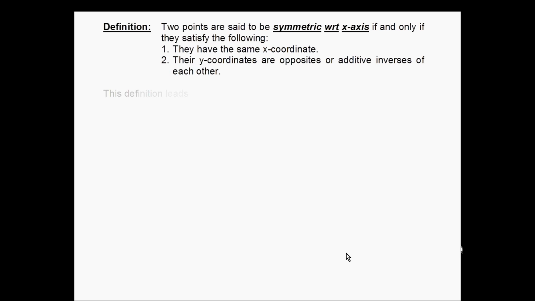This definition of symmetry with respect to the x-axis is also going to lead to the test for symmetry with respect to the x-axis. The test is what we'll apply whenever we're given an equation. And notice, since symmetry with respect to the x-axis is not a function, we're talking about relations in general here.